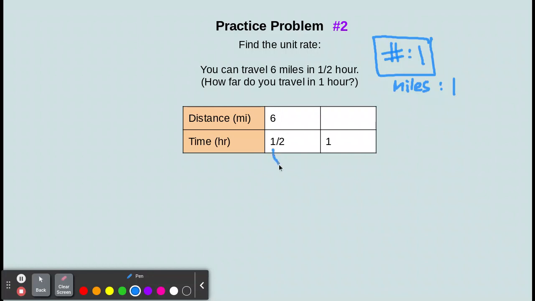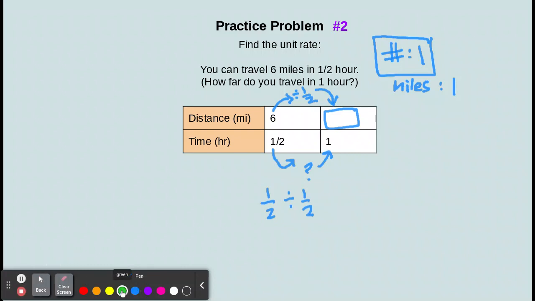Think about how you move from 1/2 to 1. Whatever you do, you've got to do that same thing up here, and you get your value, right? 1/2 divided by 1/2 gives you 1, doesn't it? So you probably want to do the same thing up here, and that will give you this value there.